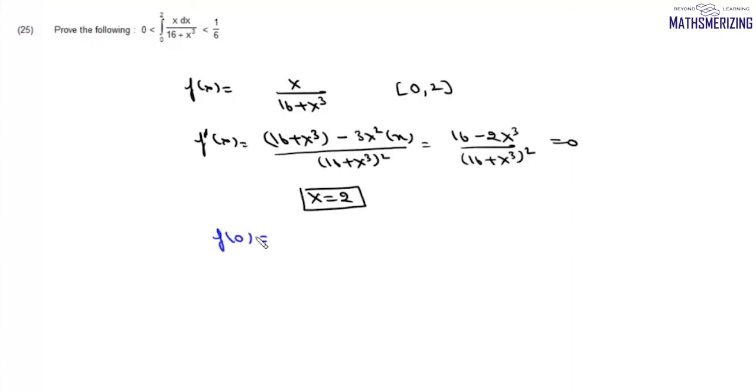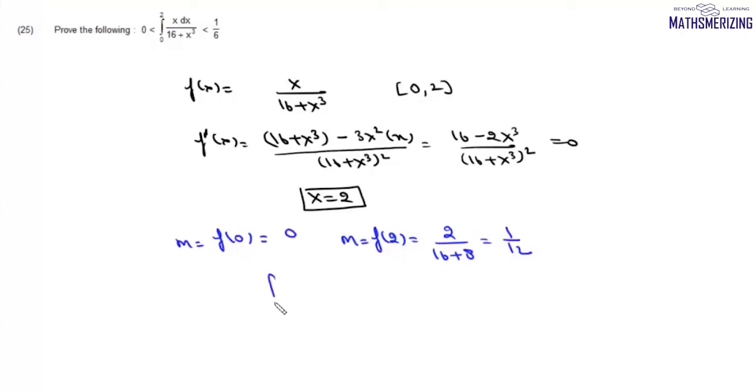We'll find the value at 0. Value at 0 is simply 0. We'll find the value at 2. Value at 2 will be 2 upon 16 plus 8, which is 1 by 12. Now this is the absolute minimum value and that's your absolute maximum value.